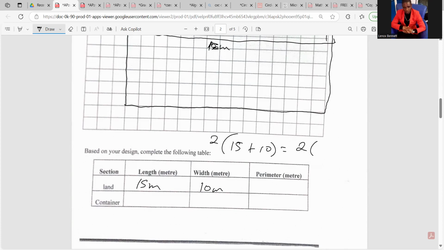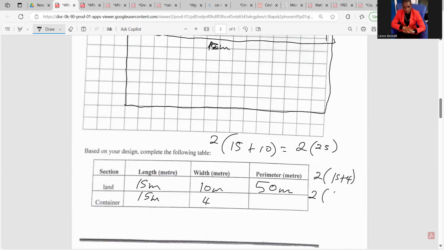So 15 plus 10 is 25, and then we times it by 2 to give us 50 meters. So the perimeter is 50 meters. Let's talk about the container now. It was 15 by 4, so the length was 15 meters. This was 4, so we do the same procedure. 15 plus the 4, right?